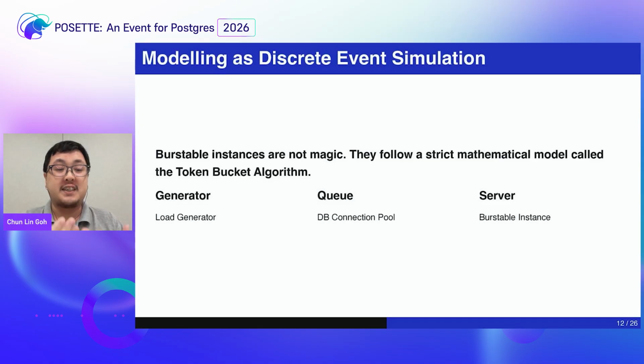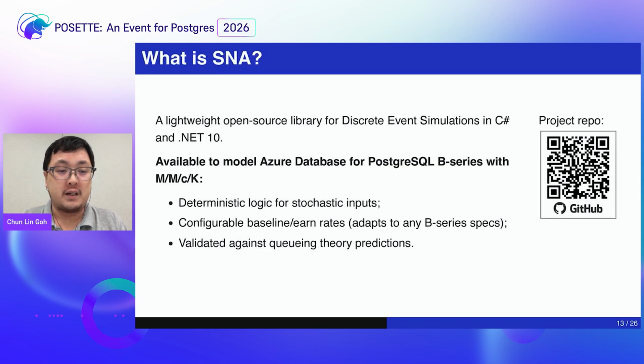In our demo, we will use a distribution to randomly generate visitors, to simulate visitors coming in. And then the DB connection pool in this case will be the queue. Of course, the burstable instance that we model against is the server. So with these elements, we can model using discrete event simulation.